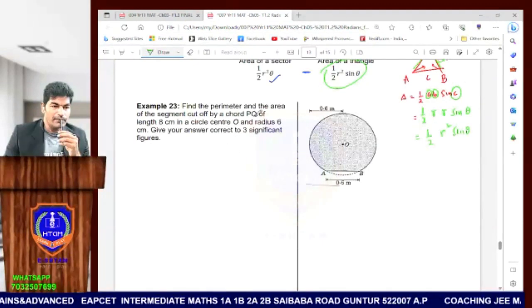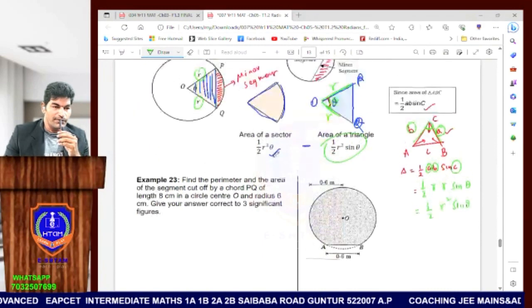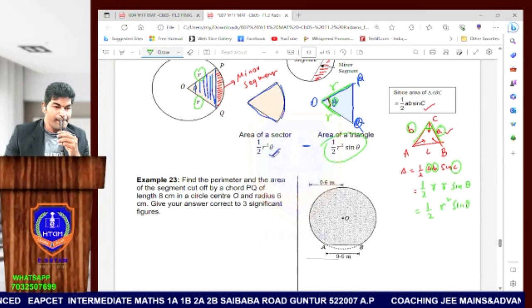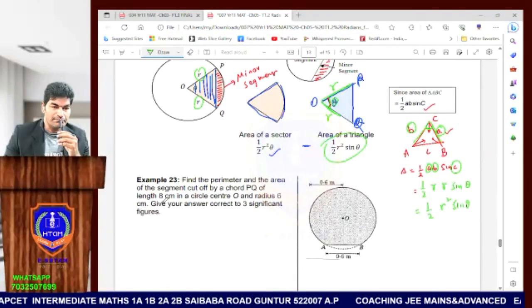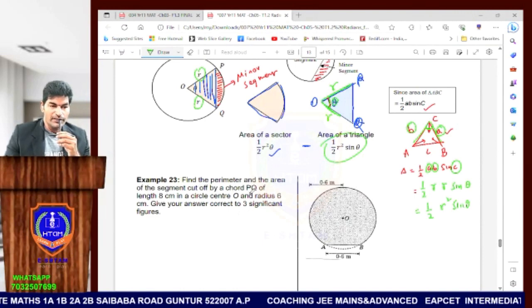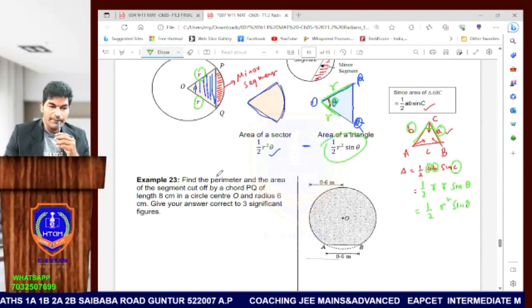Find the perimeter and the area of the segment cut off by the chord PQ of length 8 centimeters in a circle with center O and radius 6 centimeters. Give your answer correct to 3 significant figures.